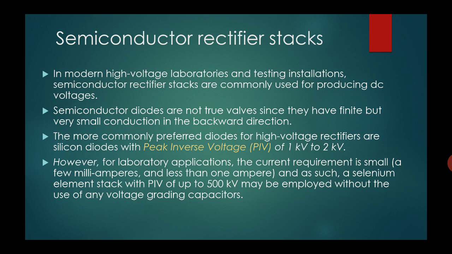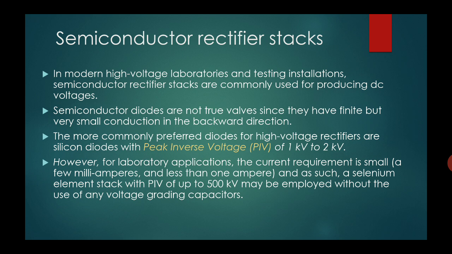So for the semiconductor rectifier diodes, the most commonly used are silicon diodes. Remember that. However, for laboratory application, the current requirement is small, a few milliamperes or less, and as such, selenium element stacks with a PIV of 500 kV may be employed without the use of any voltage grading capacitors.